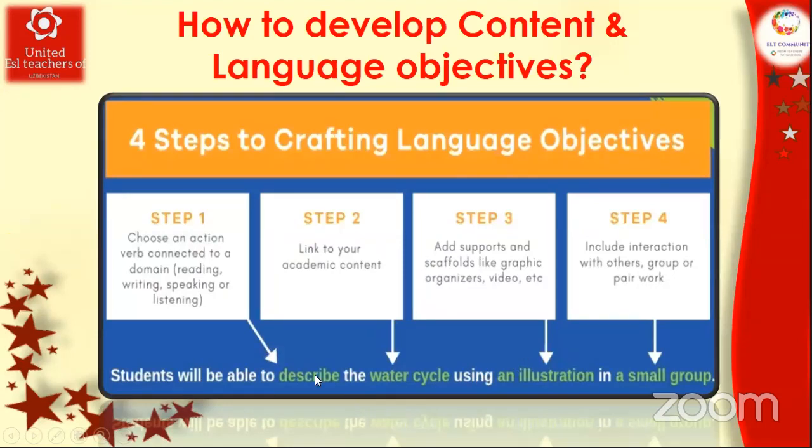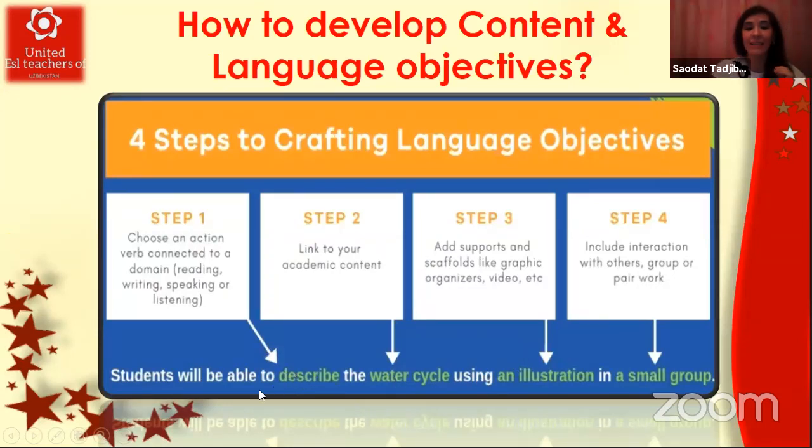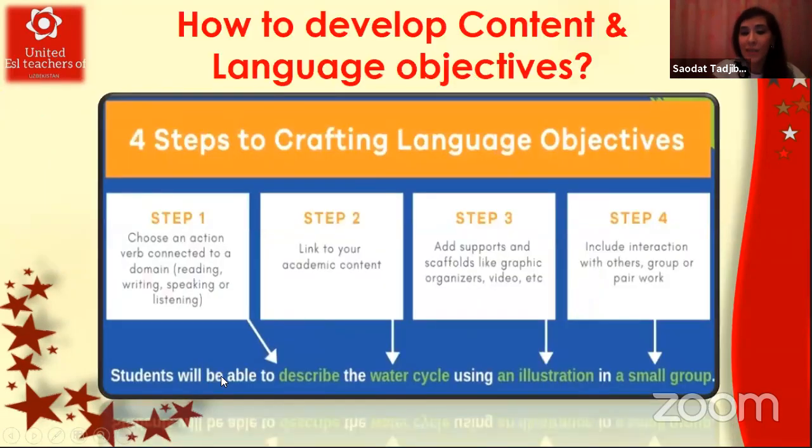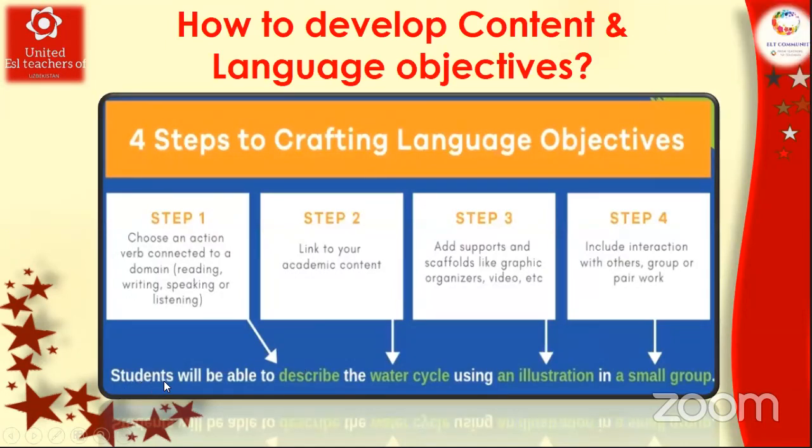But can you provide a full sentence for the language objective? Okay, I will try.